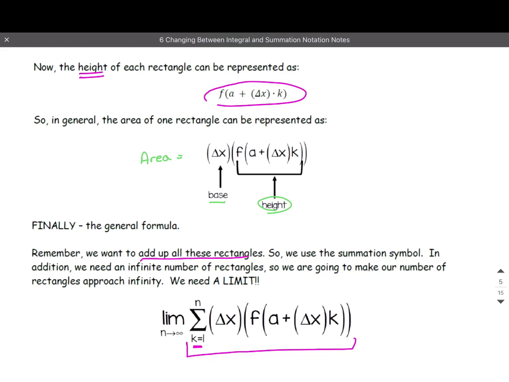The first rectangle, the second rectangle, k will be 1, then k will be 2, then k will be 3, all the way till it gets to n. And this was our base, and this is our height that we're multiplying. And we're going to do it for each k value until we get to n, and we're going to add them all up. But we also need an infinite number of rectangles. So that means we're going to make our number of rectangles approach infinity. That's a limit. That's where this limit as n approaches infinity comes from.